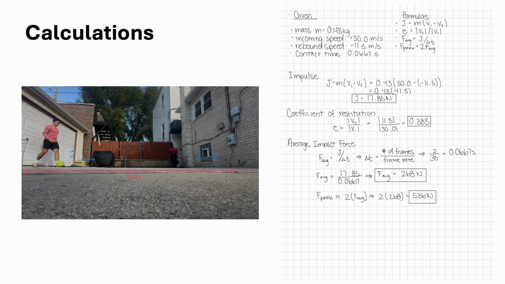If this had been a stiffer ball, meaning there was more air in the ball, or a faster contact, say 8 milliseconds between the ball hitting the wall and releasing back off of it, the average force would jump to around 2.2 kilonewtons, and the peak force would be around 4.5 kilonewtons, even though the impulse stays about the same at 17.85 newton-seconds.